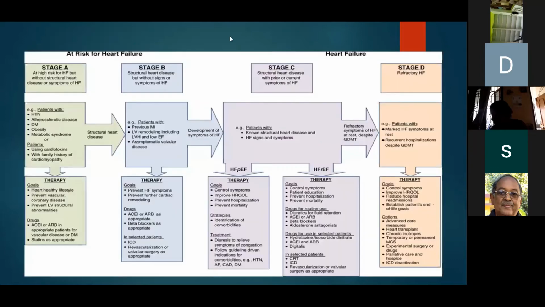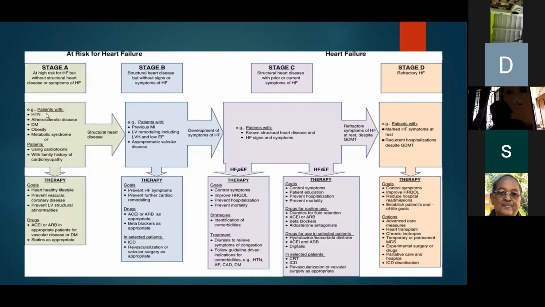I think we need to spend some time on this slide. So we talked about stage A to stage D. Stage A, at high risk for heart failure, but without structural heart disease or symptoms of heart failure.